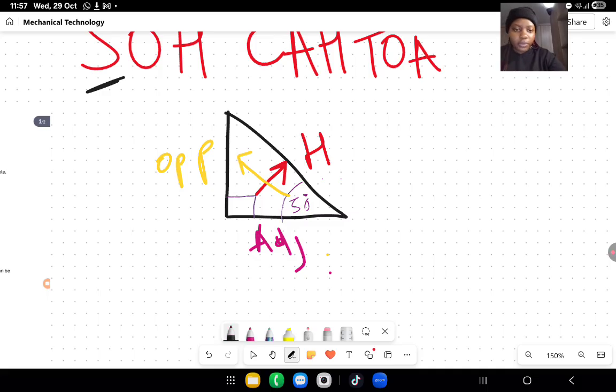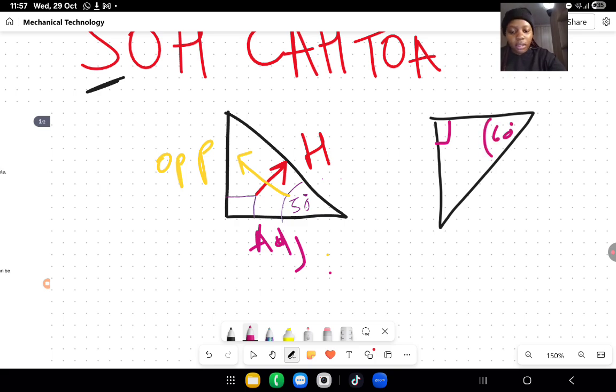Let me draw another triangle so that you can see what I'm talking about. Then you have your angle here, let's say 60 here. Always know that this is your hypotenuse.